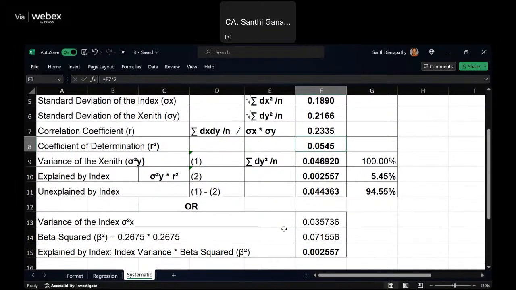Now, one way of finding is this. Alternatively, we could have taken the variance of the index and multiplied with beta squared.